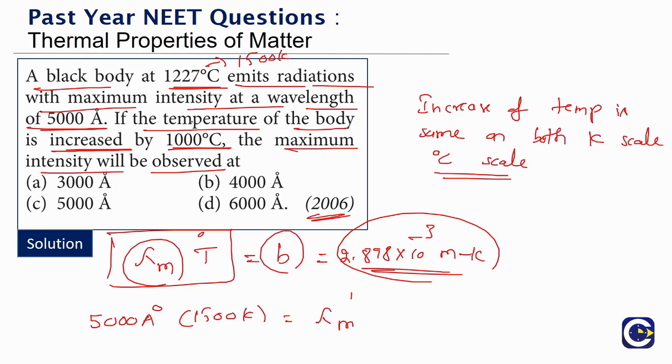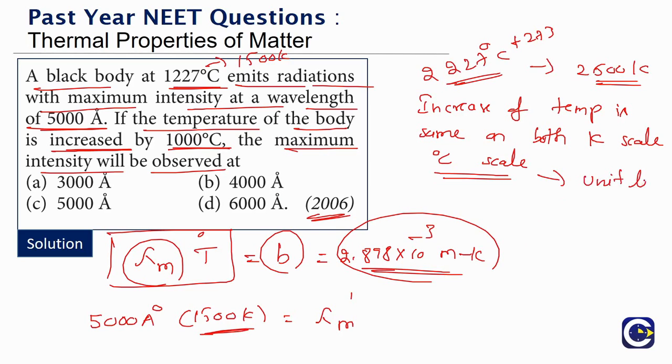Because if you increase by 1000, it becomes 2227 degrees Celsius. In terms of Kelvin, just do plus 273, that will be 2500 Kelvin. We can see also in the Kelvin scale, initially it is 1500 Kelvin. Plus 1000 means 2500, because the unit length is the same on both the scales.